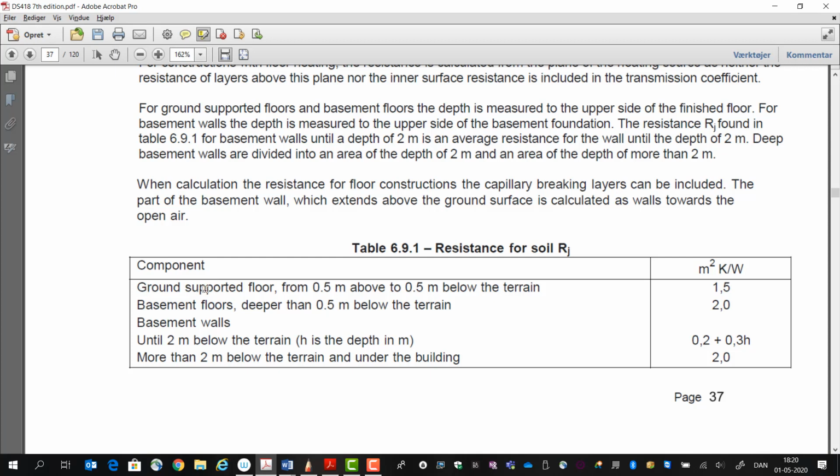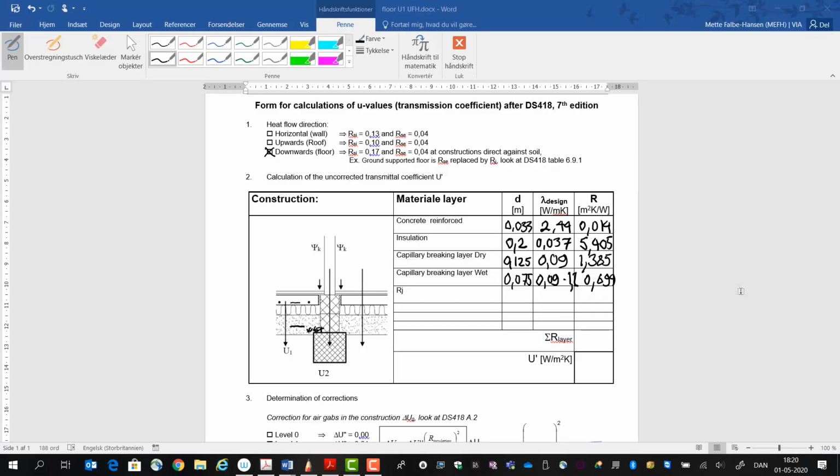So it says ground supported floor from 0.5 meter above to 0.5 meters below terrain, it is 1.5. So the resistance is 1.5. So we write that in here.